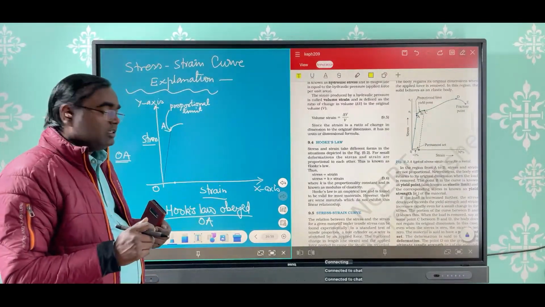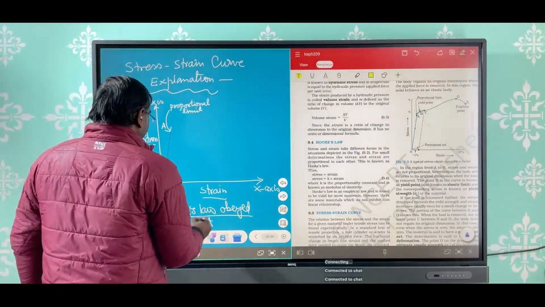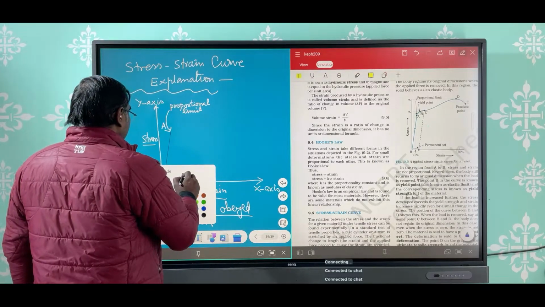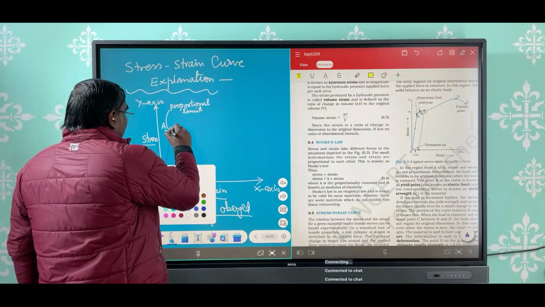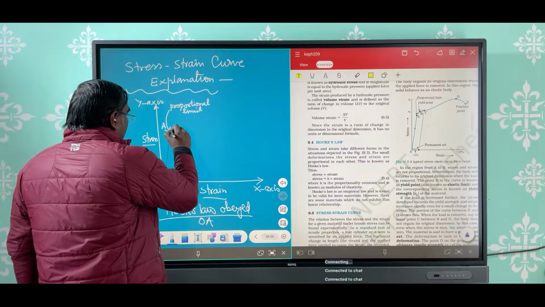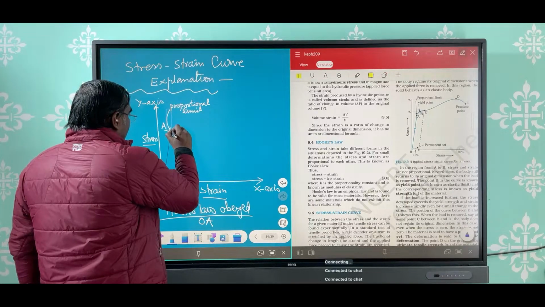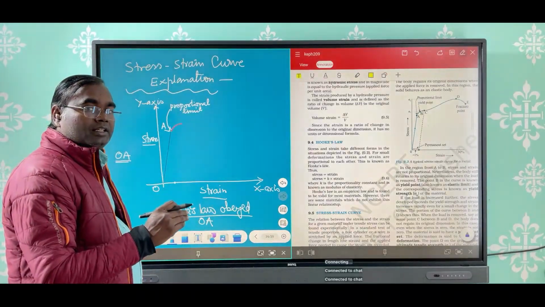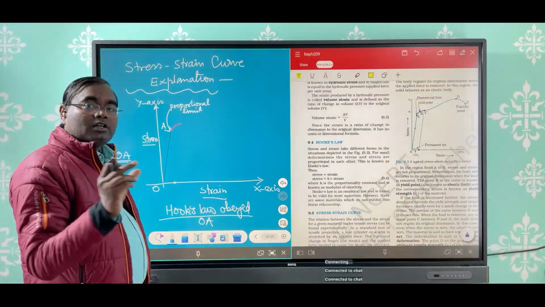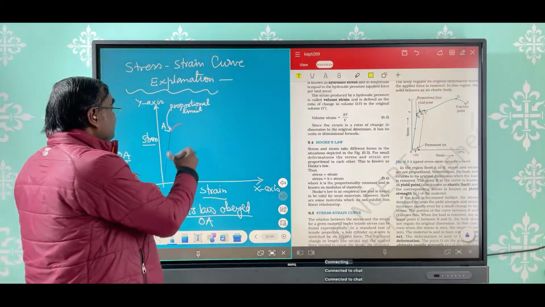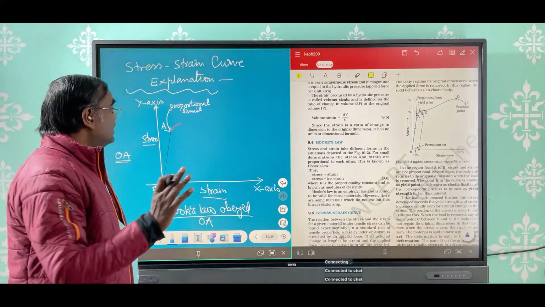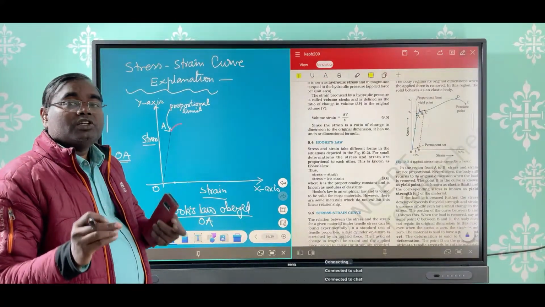As we apply further stress beyond A, the graph comes as a curve. The relationship becomes non-linear.